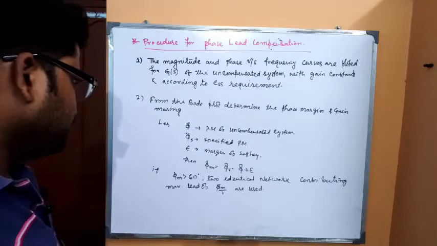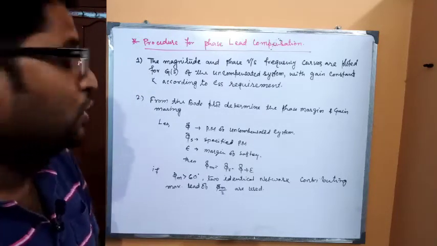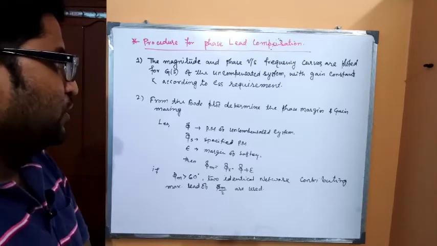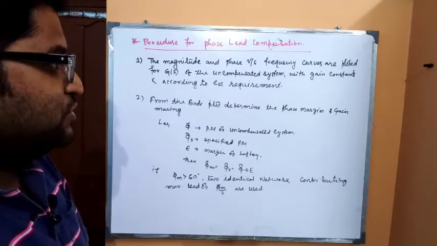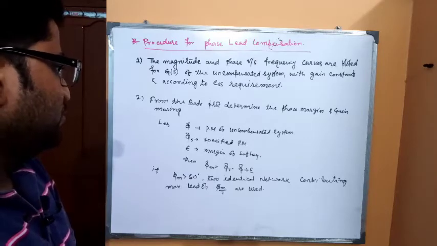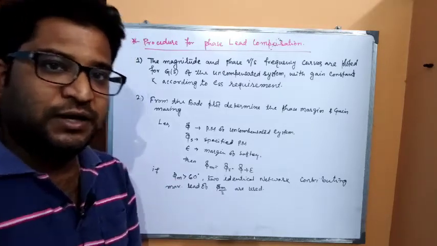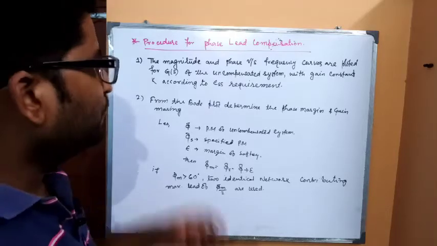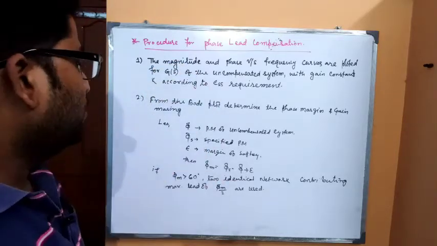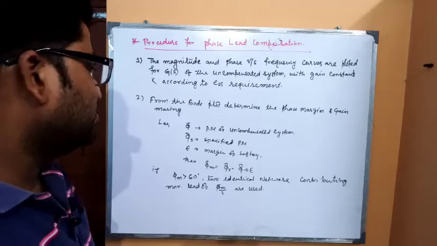Now if we concentrate on the Bode plot, from the Bode plot determine the phase margin and gain margin. We already know how to determine the phase margin and gain margin using the Bode plot for the uncompensated system.